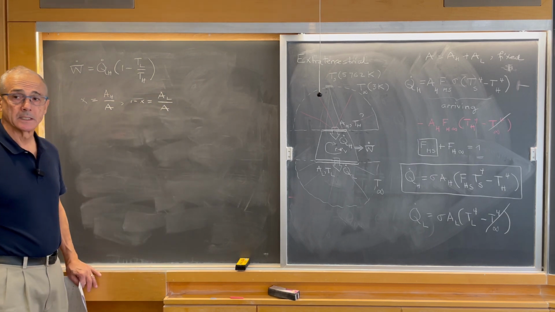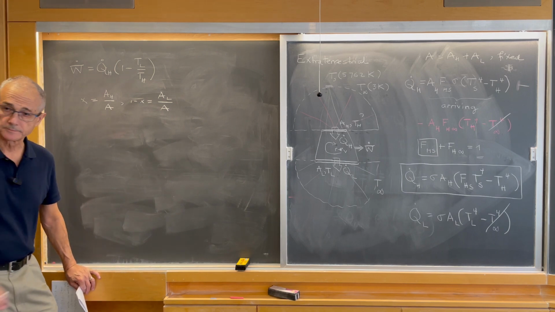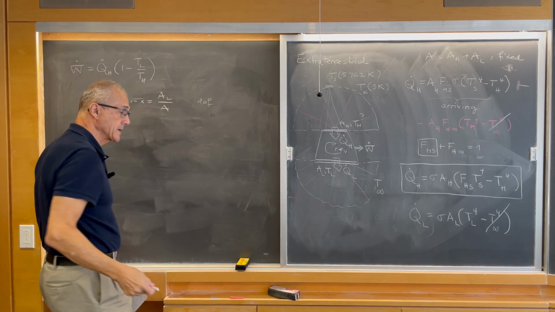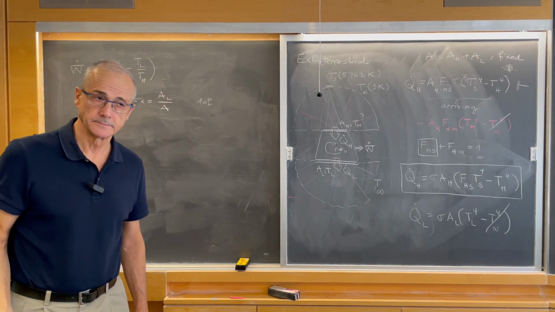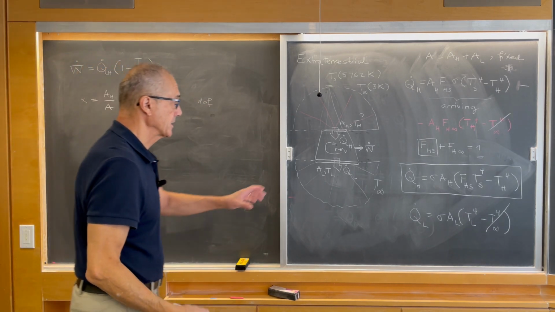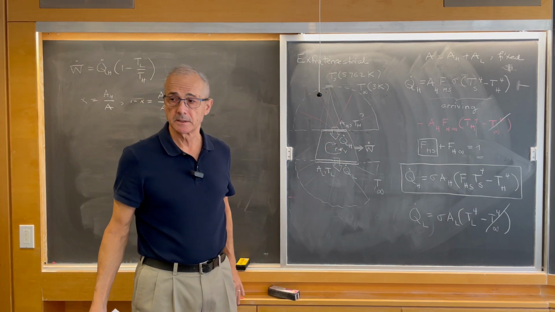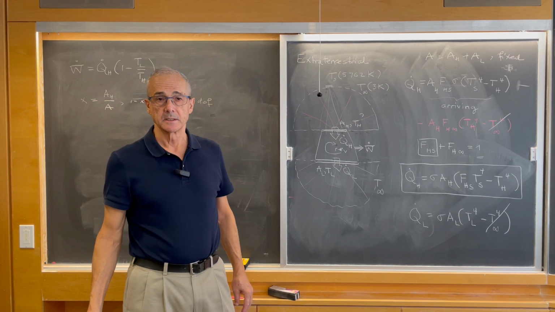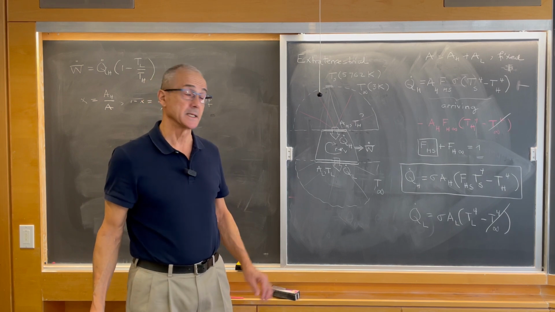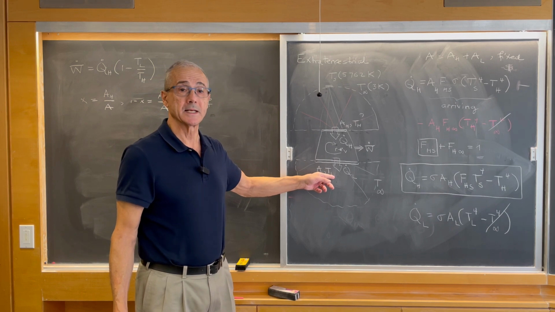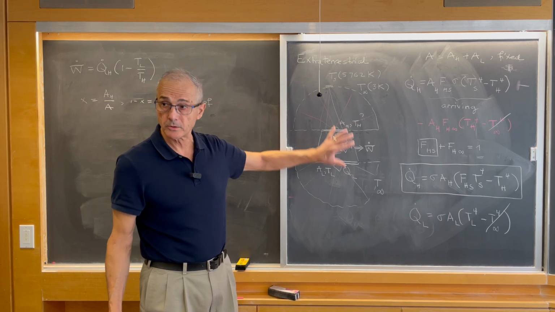So X is 1 degree of freedom. But there's another degree of freedom, which is the location of this engine on the temperature scale in space. Meaning it could be small and big, but where is it? Is it high in temperature or low in temperature?